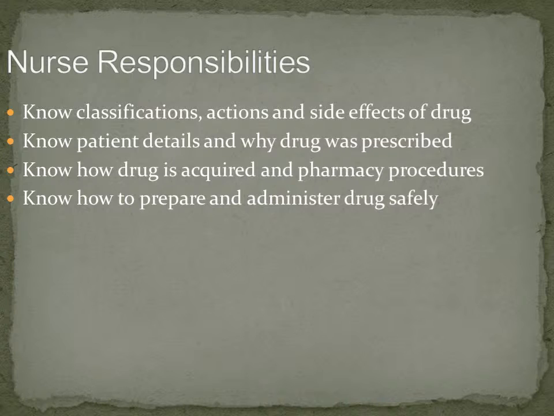Two drugs I like to use as the best examples are Benadryl, or diphenhydramine, which may be given as an antihistamine, because clearly that's one of its biggest uses, but it also can be used as an antiemetic or anti-nausea drug. It also is used as a sleep aid, so we need to know for what purpose that patient has been prescribed that drug.